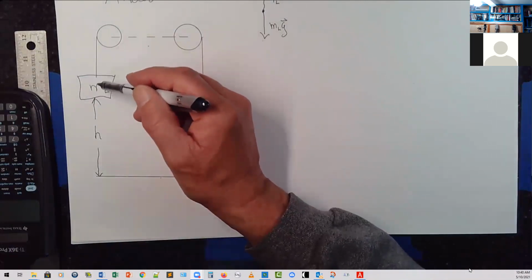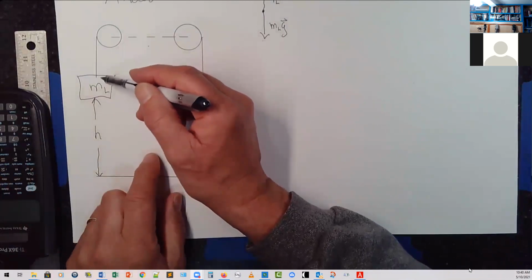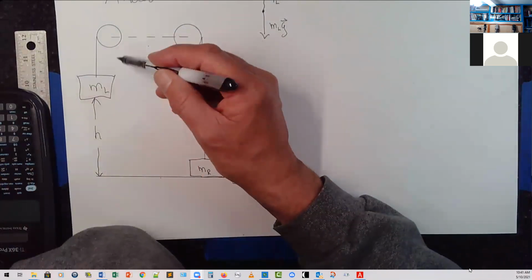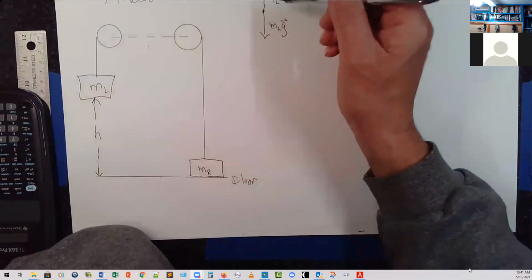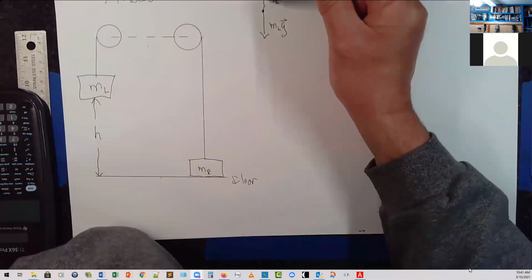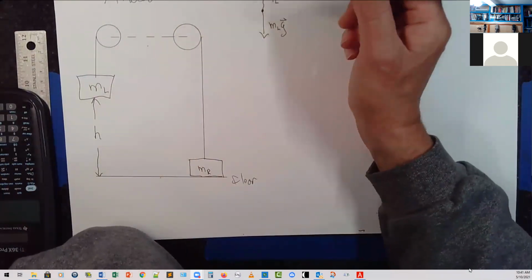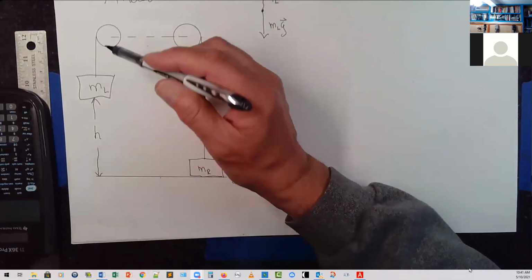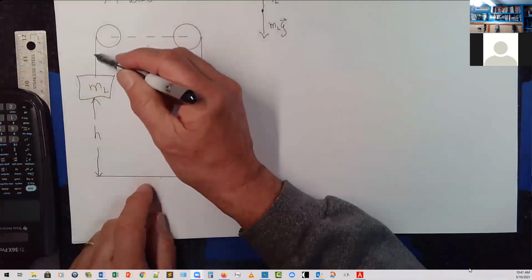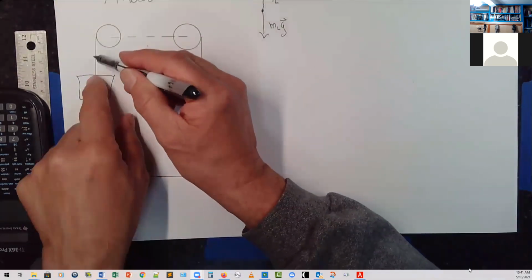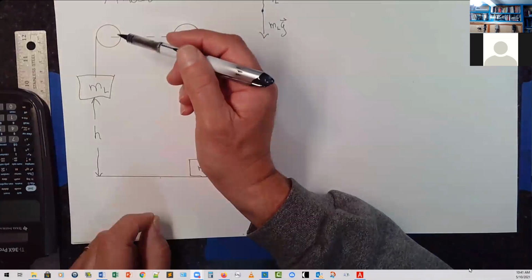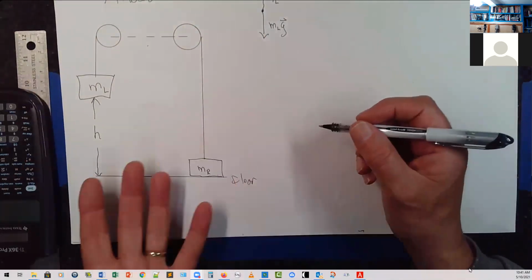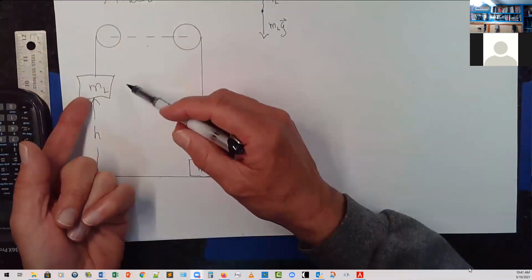Actually, m sub l will be a hook that we put masses on, but that's okay. Anyway, it's the electromagnetic force, but it's produced by a string, and strings can pull. They can't push, but they can pull things up, and that's why we have to loop it over a hook so that it can pull. So those are the forces acting on the mass on the left side.